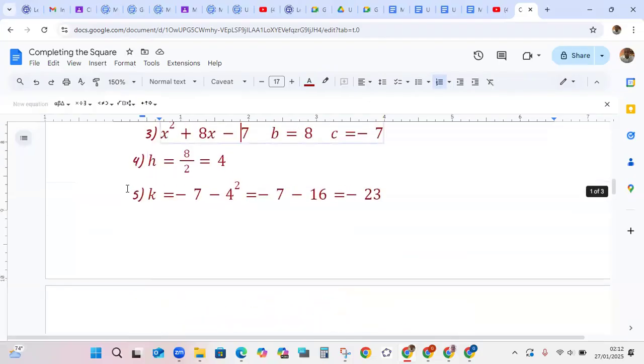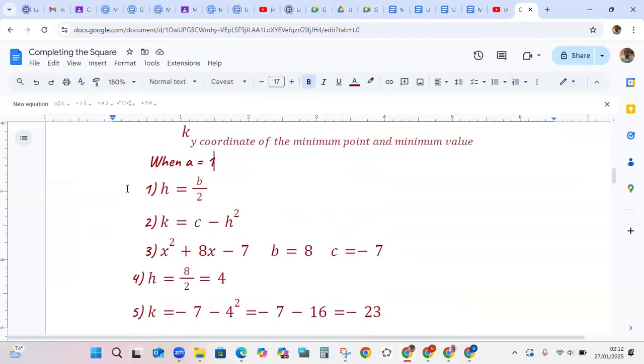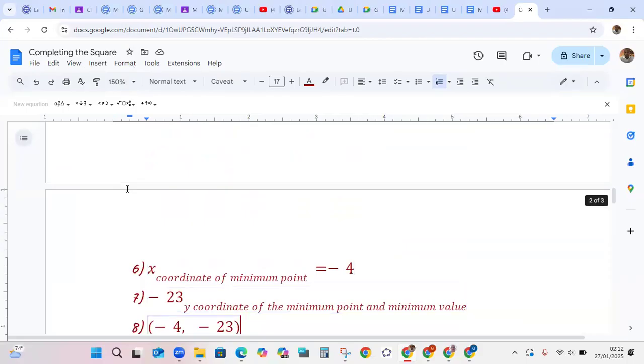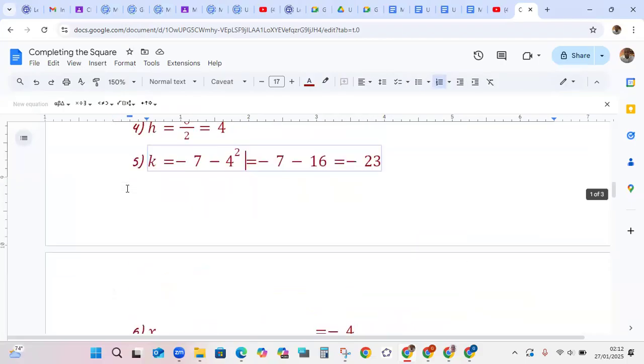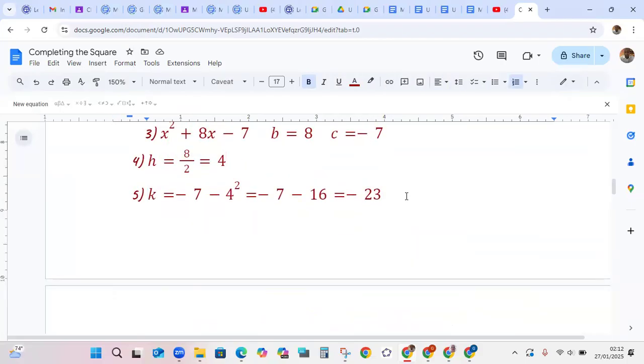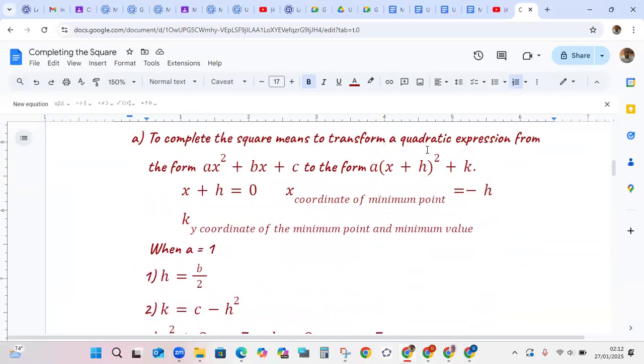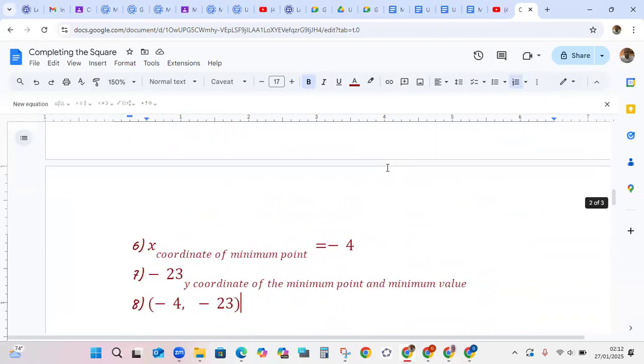So as soon as you complete the square, we have found h and k, but we have not written our completed square in that form here. Let's do that.